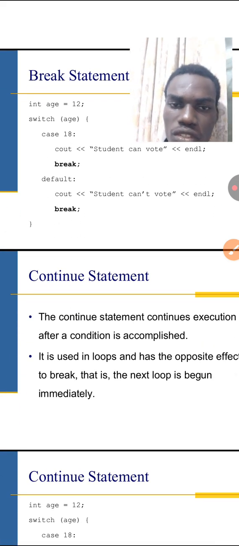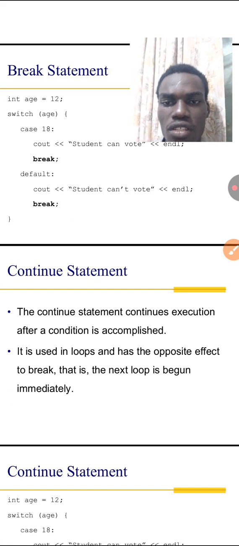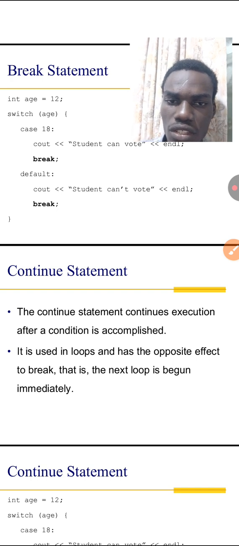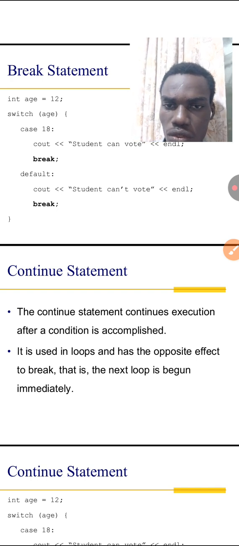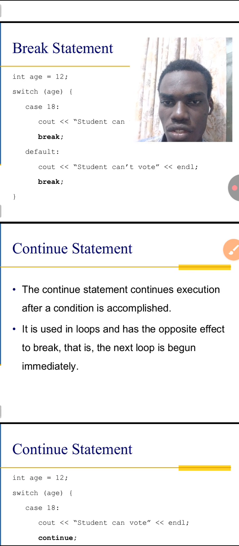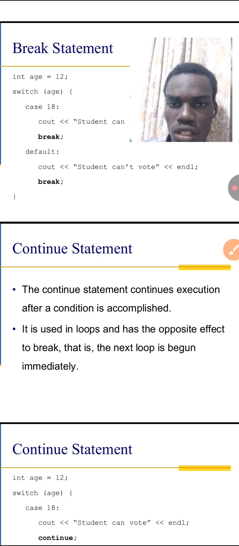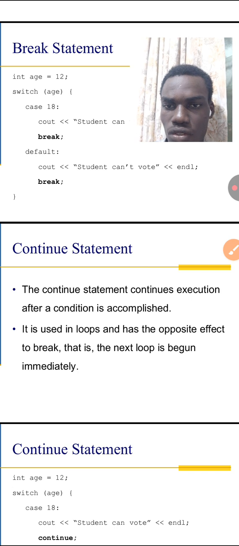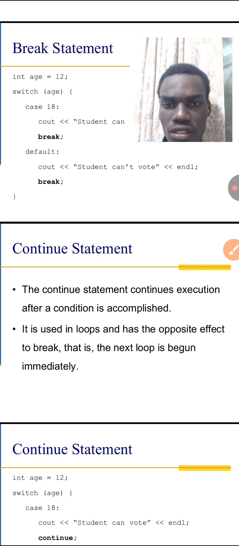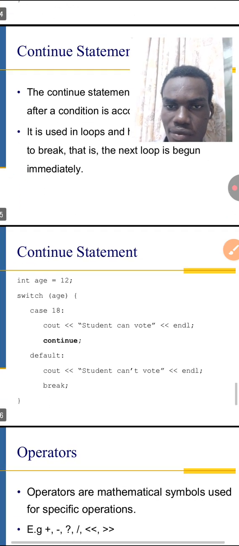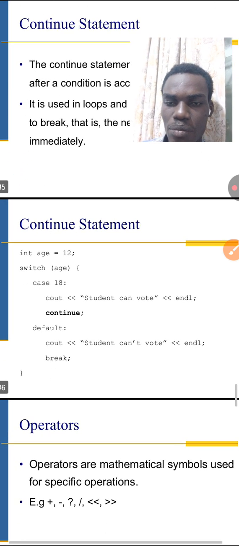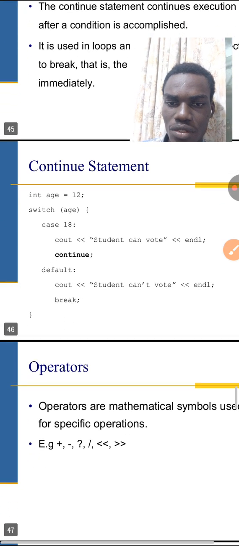The continue statement continues execution after the condition is accomplished. It is used in loops and has the opposite effect to break. That is, the next loop is begun immediately. So instead of using break, you can use continue.